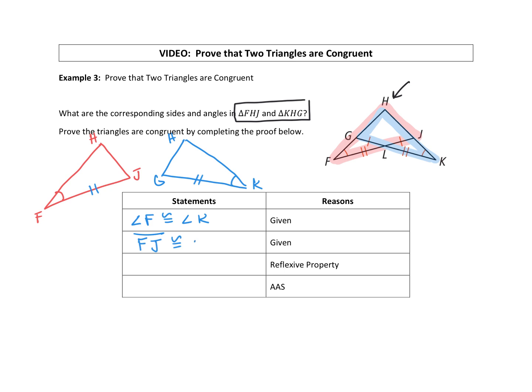So we are going to start with KG. That would be the proper order for that. All right, so far we have an angle that's congruent. We're kind of tracking our congruencies. So far we have an angle, we have a side, that is an S.